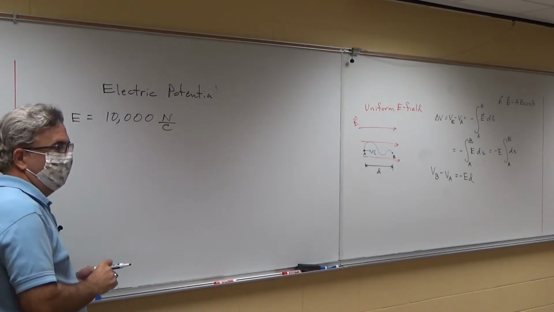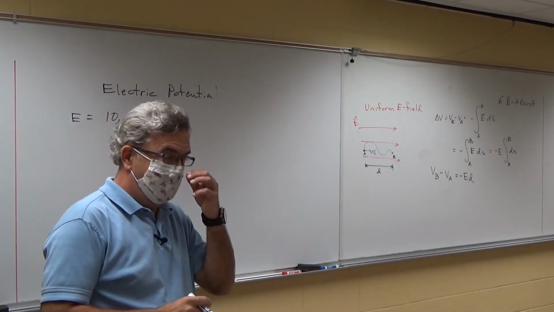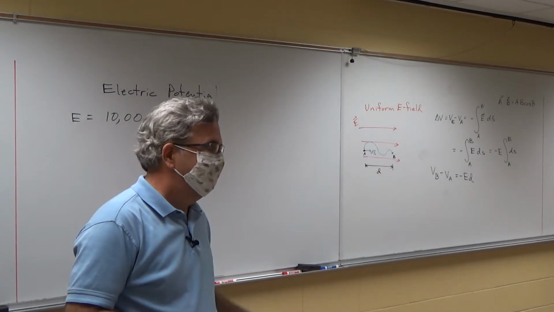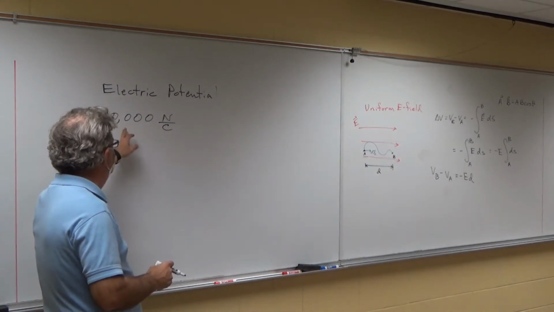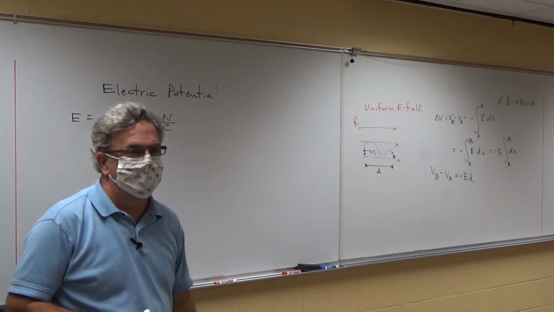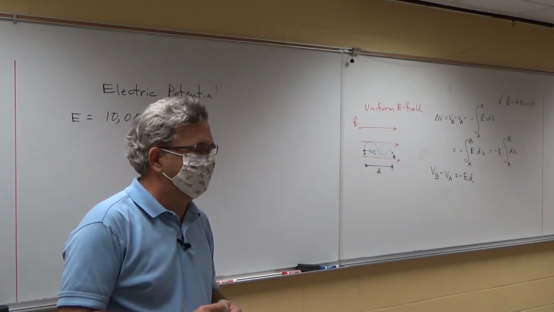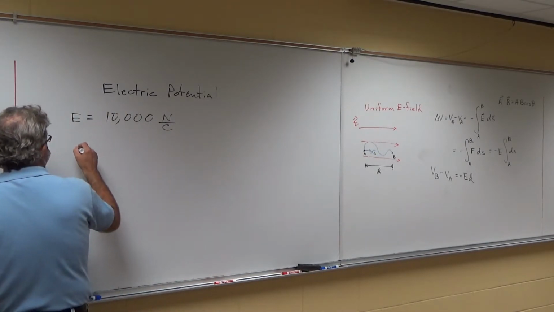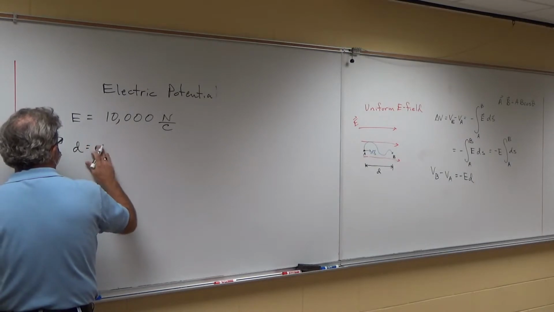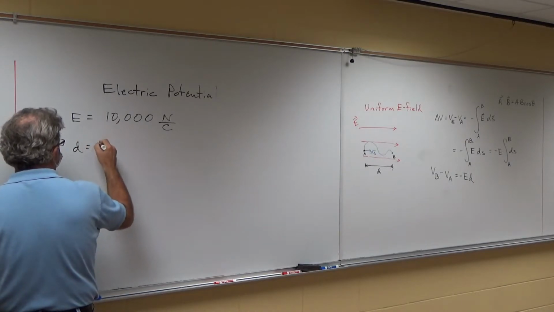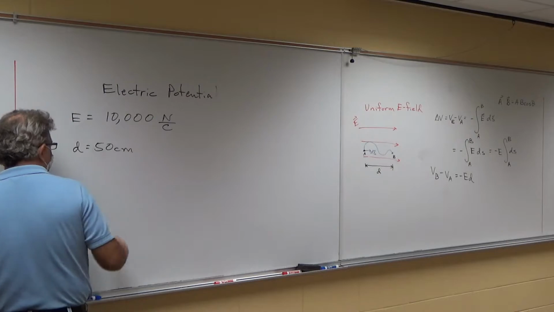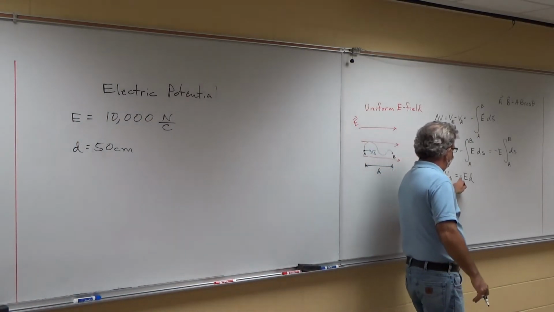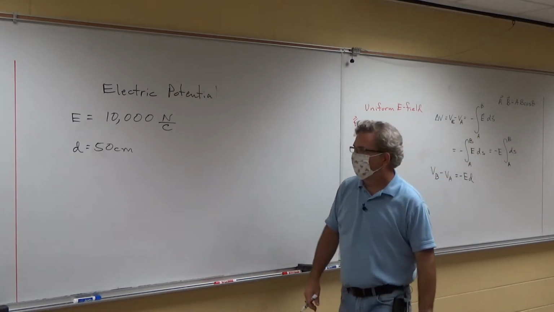That means if you were to place a coulomb of charge in the electric field, you would get a 10,000 newton force. That's not a really huge electric field. Let little d equal 50 centimeters, and I'm moving from A to B. So I need the negative here.